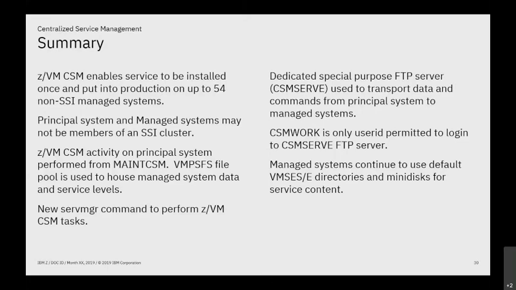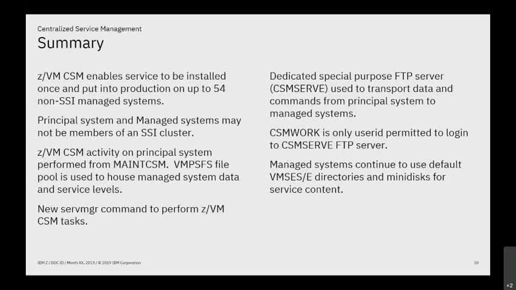So if there is a release of VM after 7.2, would it matter which release the principal system was and what the managed systems were? Or are we going to need to build a new 7.3 CSM environment? No, you shouldn't need to. You could choose to if you want to, but you would be able to get the file pool unload from the 7.3 system and install that.